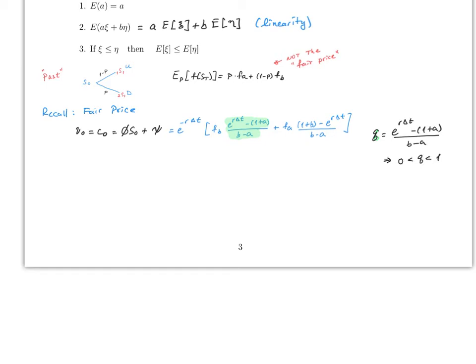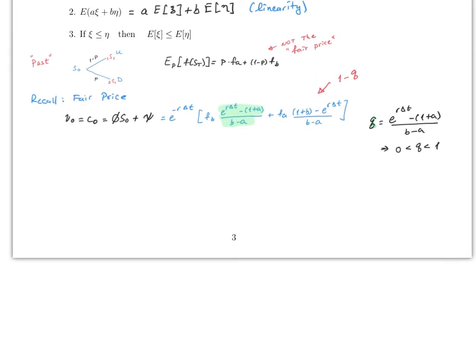And you should check that this other term is exactly 1 minus q. Therefore, this is exactly the same thing as e to the minus r delta t times f of v times q plus f of a times 1 minus q, which is technically the definition of another expected value.